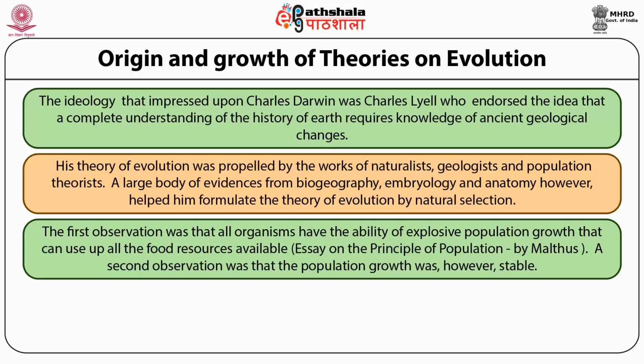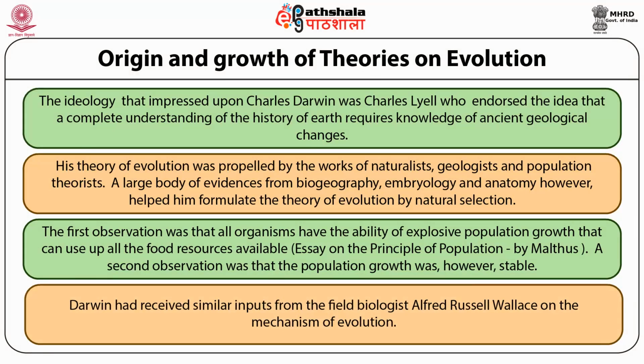Darwin observed that minute differences existed even among individuals in the same population. He implied that some of these variations might be favorable as against the others and support perpetuation of the organism. Darwin received similar inputs from the field biologist Alfred Russel Wallace on the mechanism of evolution.